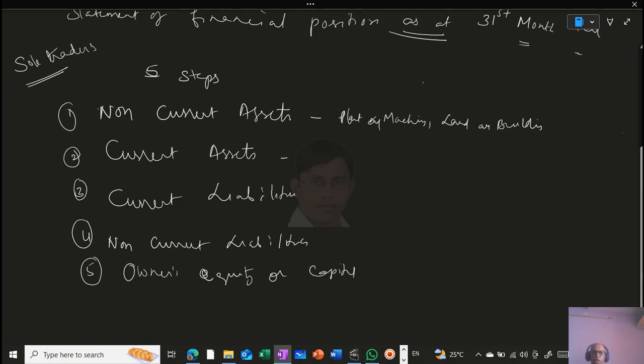So what are current assets? Current assets are inventories, accounts receivables, cash and bank balances. What are current liabilities? Current liabilities are those which are payable, for example, trade payables and bank overdraft.